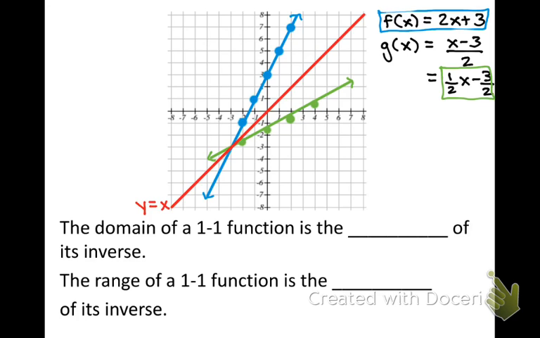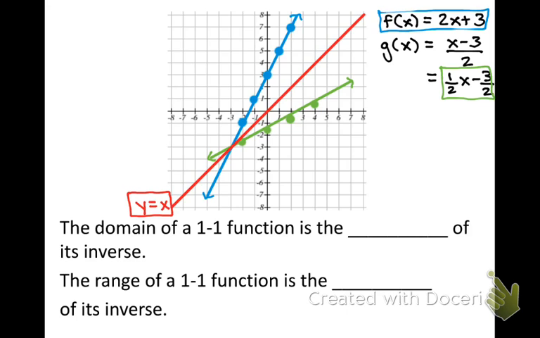It has a y-intercept of 0, so it goes to the origin. It has a slope of 1, so you're going to find that it's up 1 over 1. Every single function that has an inverse, if you graph both of them on the same coordinate grid, you are going to find that they are symmetric to y equals x.